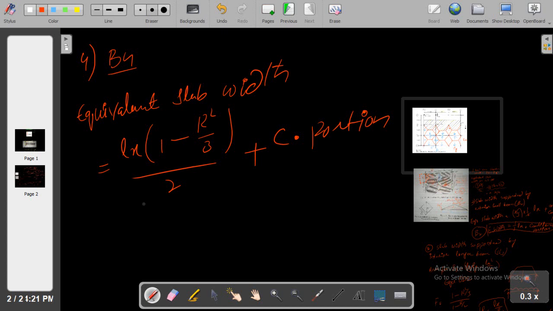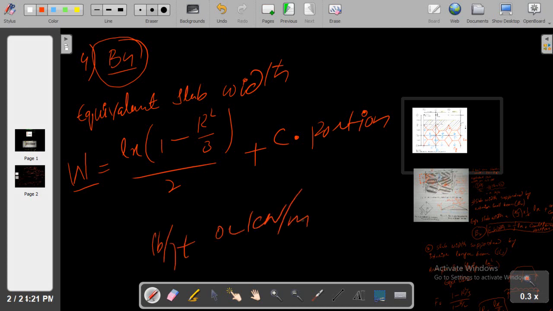So this is my final equation, the final width. This will give you the equivalent slab width for the case of the exterior beam, and this would be further multiplied with the unit load to convert it into pound per feet or kilonewton per meter.